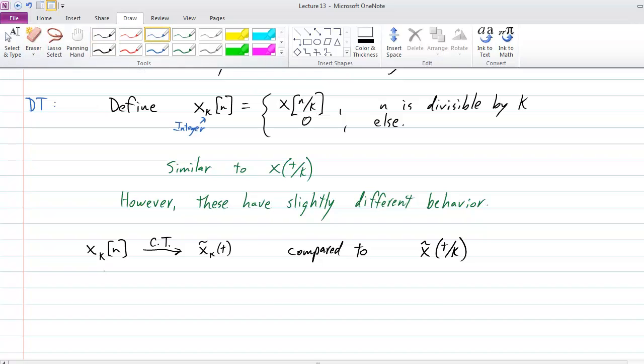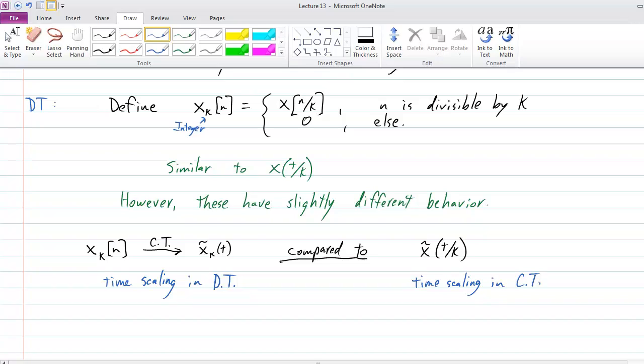In this case over here, we did the time scale in discrete time. And here we did time scaling in continuous time.